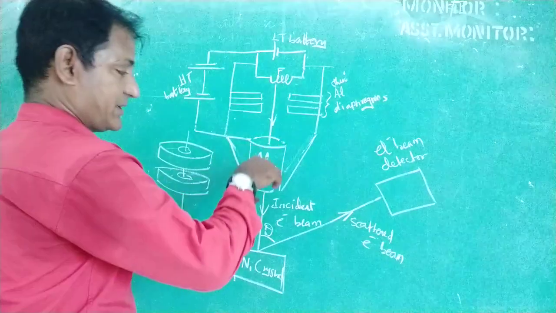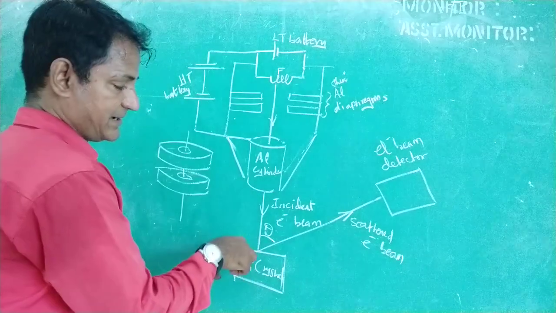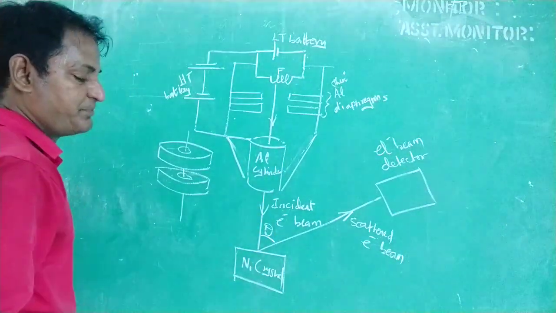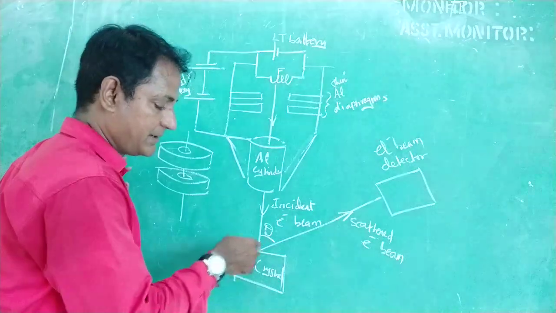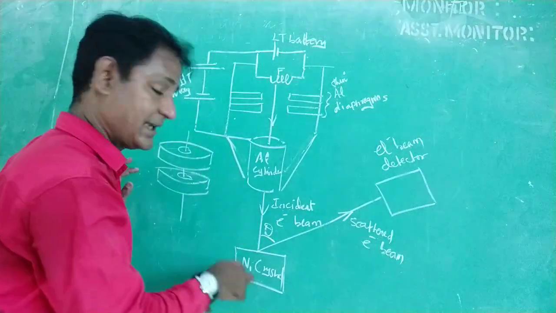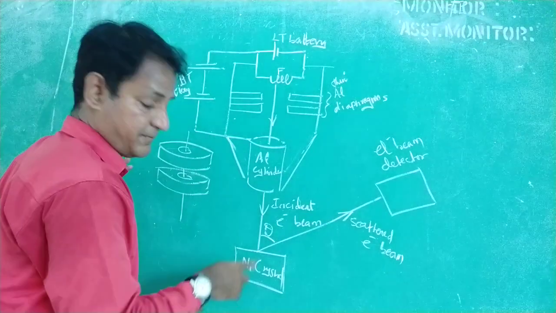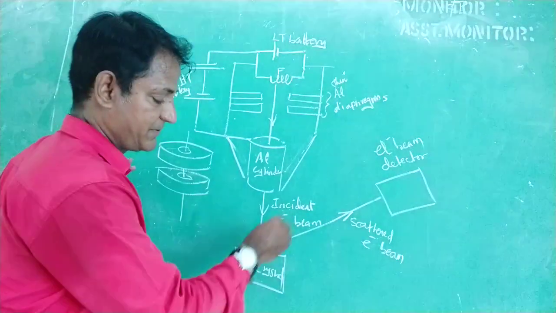Now after passing through the aluminum cylinder, the beam reaches the nickel crystal, where what I previously said happens. The electrons will be absorbed and re-radiated; the electron beam will be reflected, and while reflecting out from the nickel single crystal, they will be scattered in different directions.